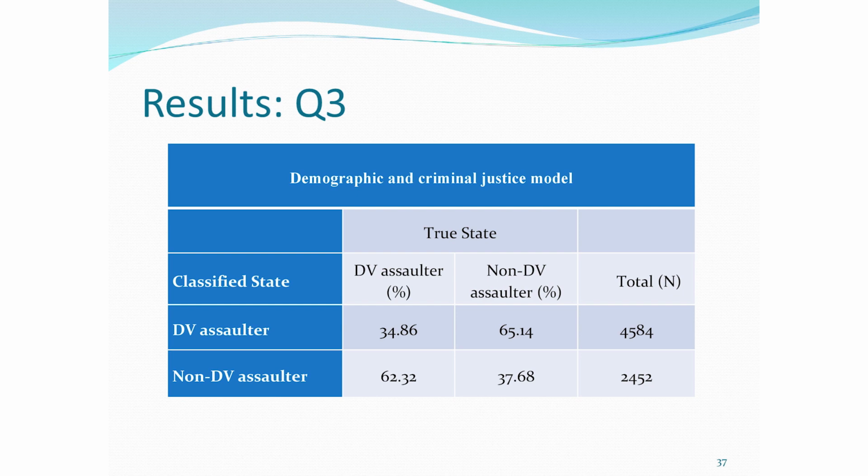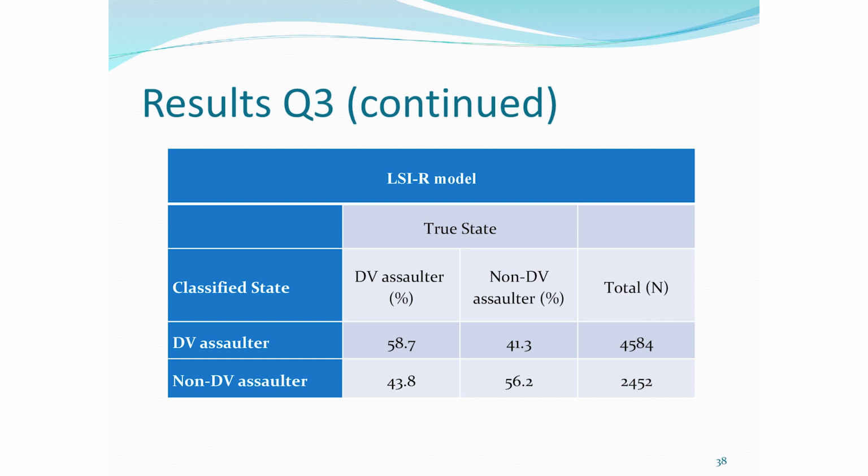Remember, there's a complete separation between these groups. Likewise, when trying to classify the non-DV assaulters, we were wrong 62% of the time. So again, you get evidence that you're not really dealing with hugely different offenders. Now, this point becomes even more apparent when you look at the LSIR. How many of you would be familiar with the LSIR?